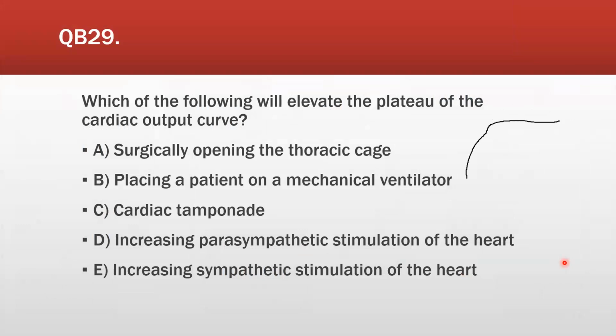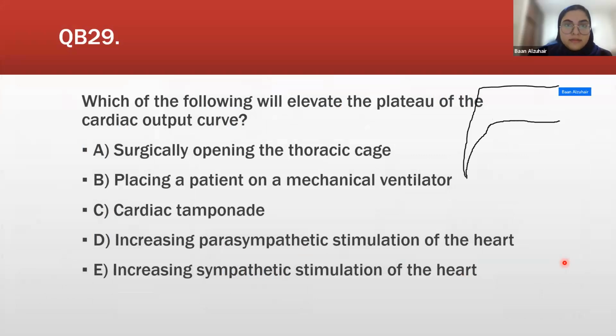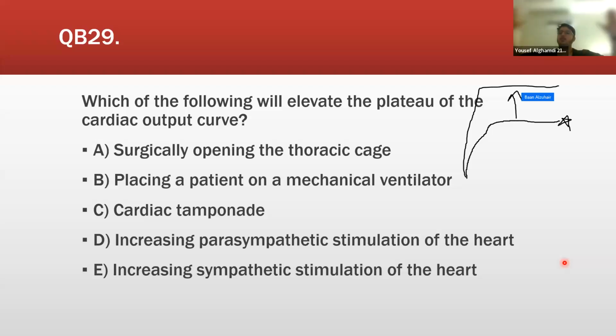So, would it be E? Yes, it is E. You're increasing contractility. Yes, good. So this is the normal curve, and an increase in plateau just means a shift up. They try to confuse you, but in simple words, this is what it means.